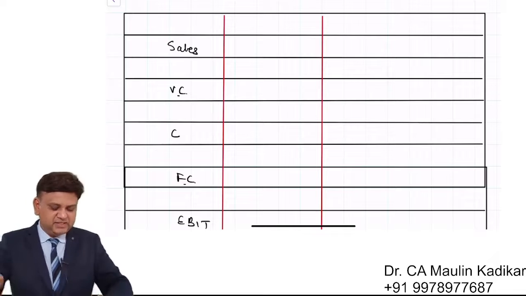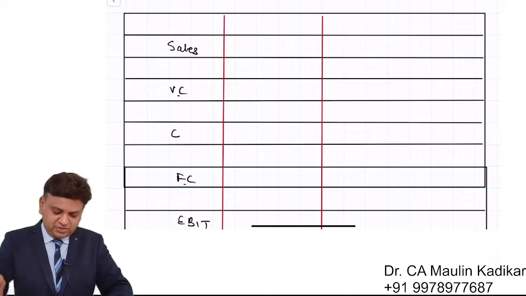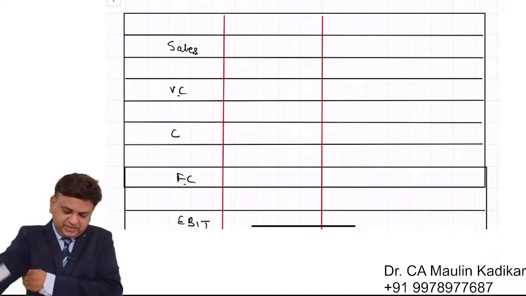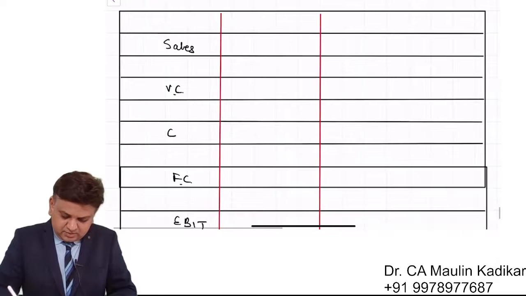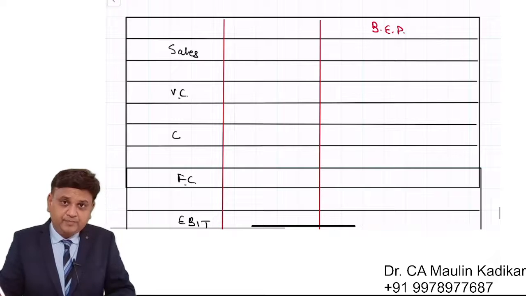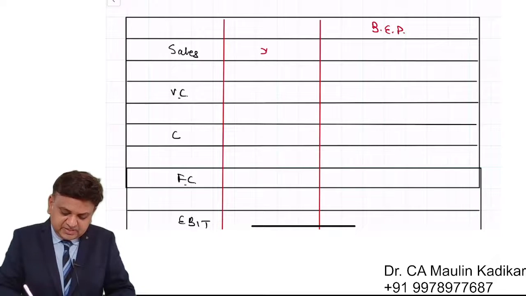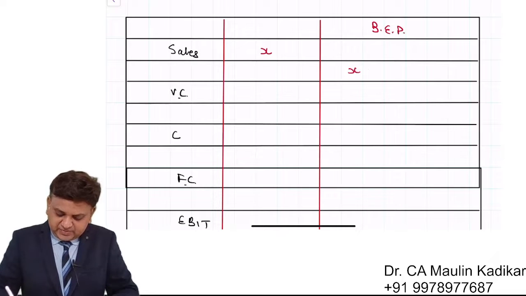Let us understand how to calculate the answer. The question is providing that the margin of safety is 20%. Suppose the sales is X. Margin of safety is 20%, so X minus 20%.